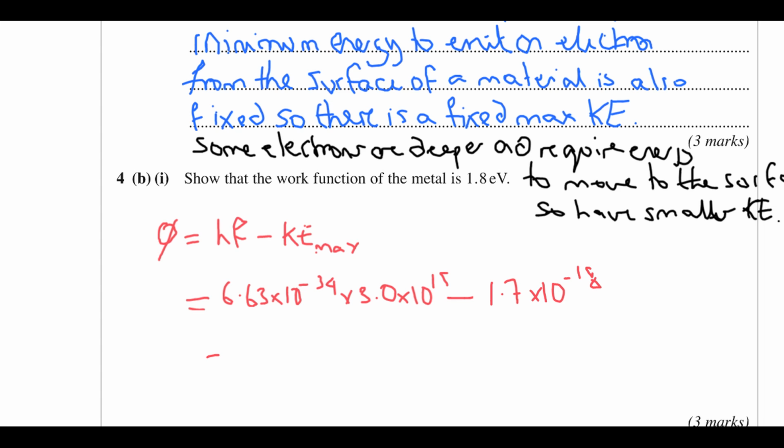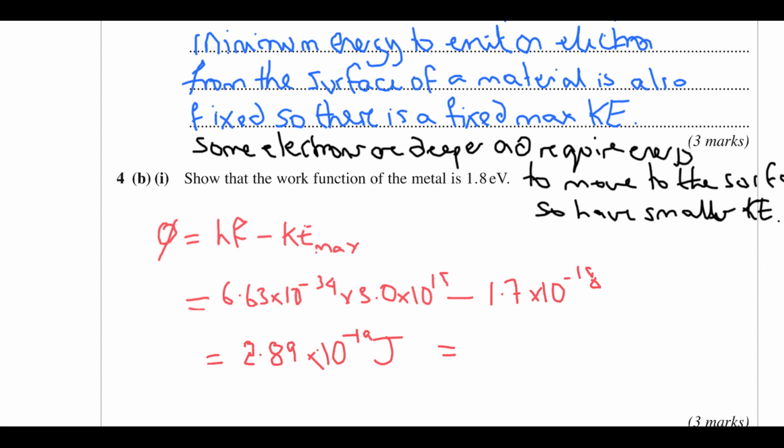Let's dig out the old calculator and find out what the answer is in joules first. Alrighty, and we get a value of 2.89 times 10 to the -19 joules. And if we divide that by 1.6 times 10 to the -19, that would give us the number of electron volts.